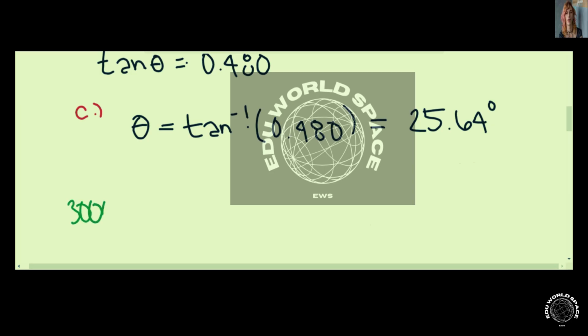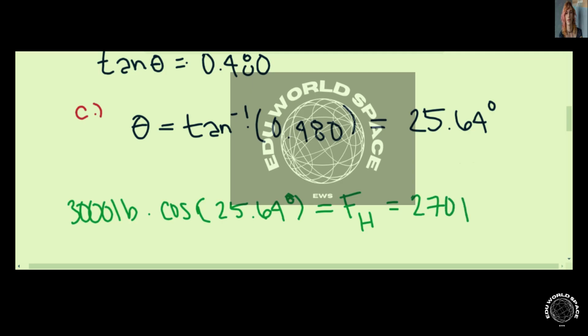So we have 3,000 pounds times cosine of 25.64 degrees equals F sub h. When you evaluate that, you get 2,704.59 pounds.